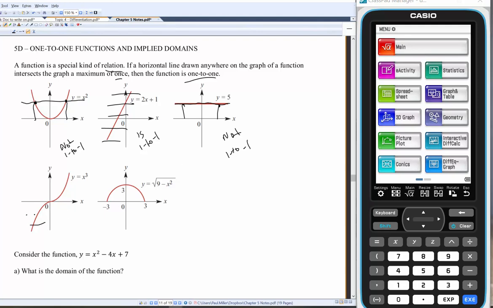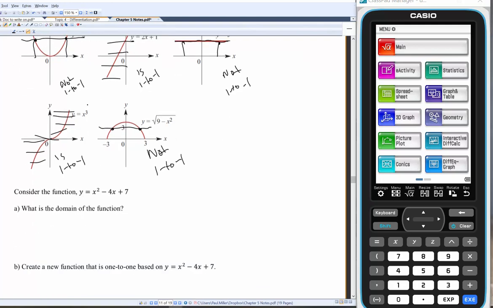Okay, well, again, even if I go through the stationary point of inflection right there, I'm only going to hit a maximum of one y value. So this is one-to-one. This one here, can quickly draw the horizontal line test and note that for these two values of x, it produces exactly the same value of y. So we say that this is not one-to-one.